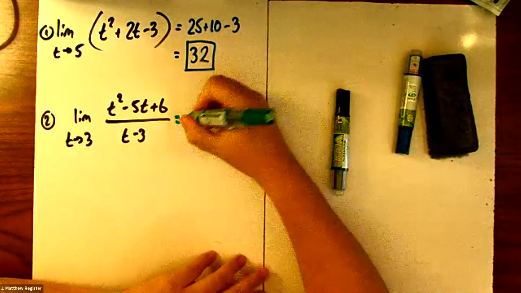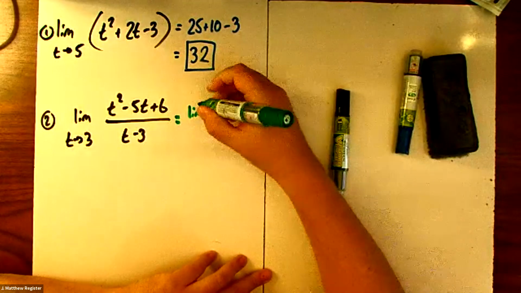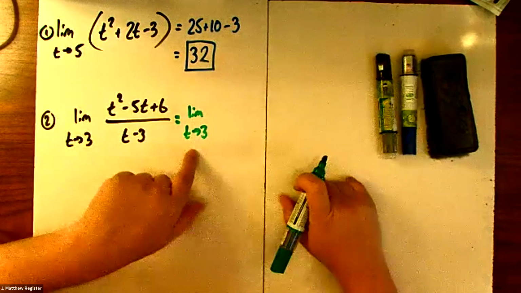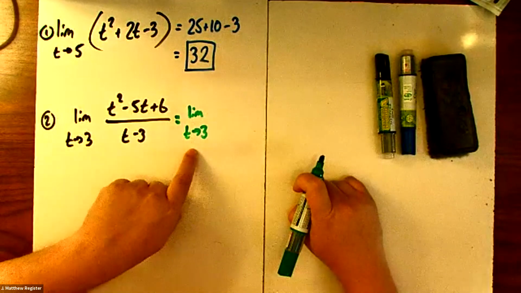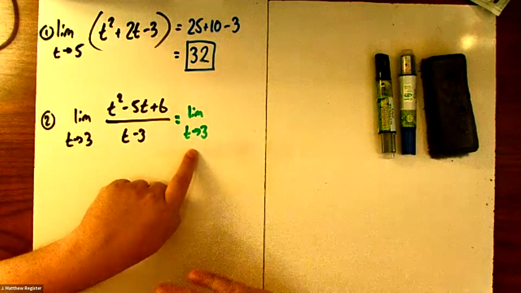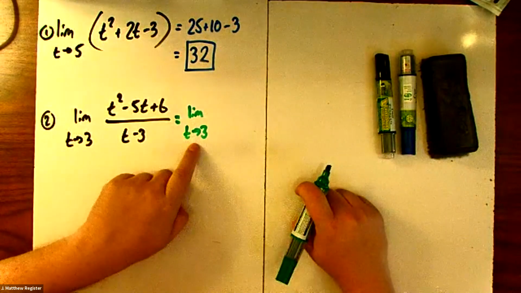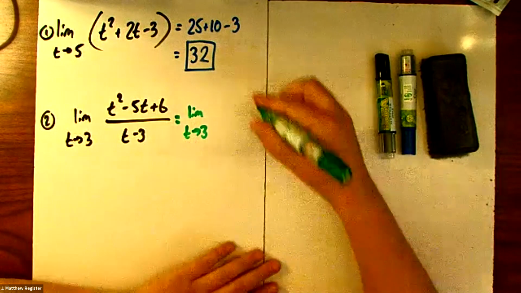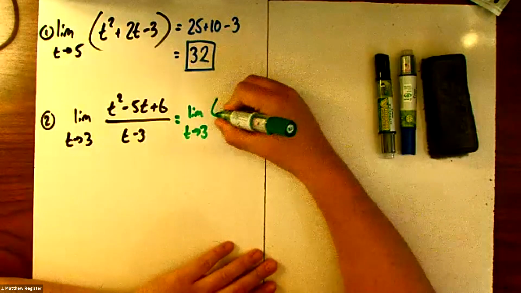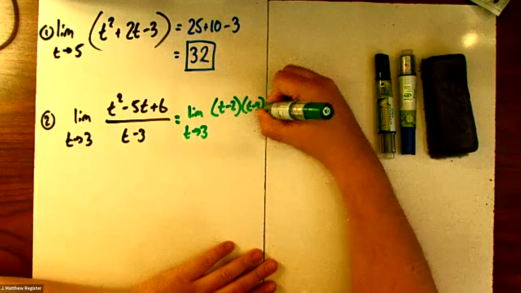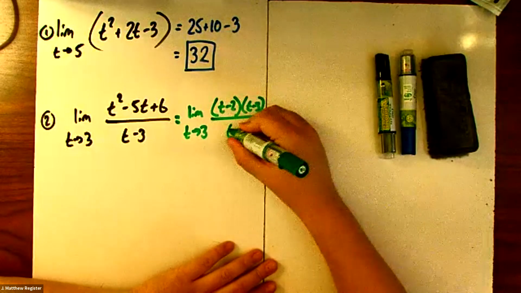We can factor. And so we'll rewrite the limit as t goes to 3. Really, you should rewrite this limit until you evaluate it. Once you evaluate it, you no longer need to write the limit. But until you do, this limit should be continuing throughout the problem. And so this would be the limit of (t minus 2)(t minus 3) over t minus 3.